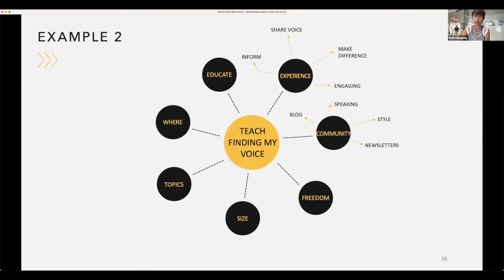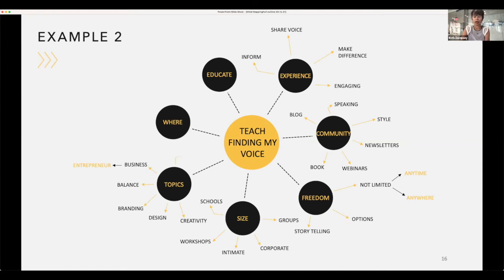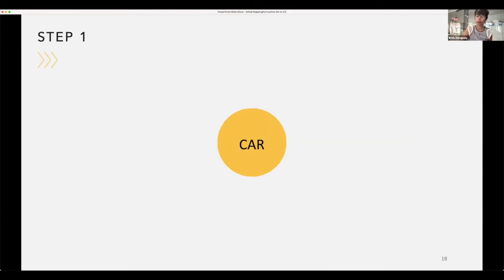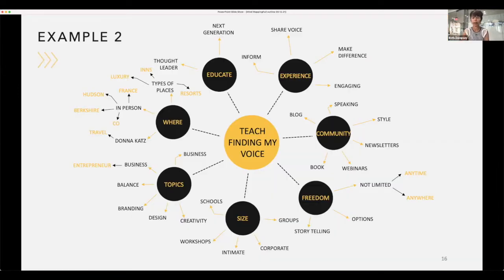I'm going to fill these in so that you can see the different kinds of things. If you're looking to teach, where do you want to teach? What kind of experience do you have?